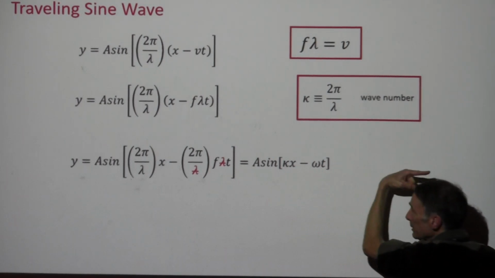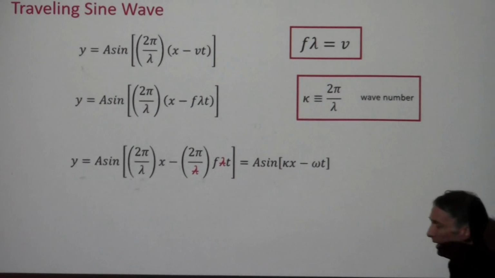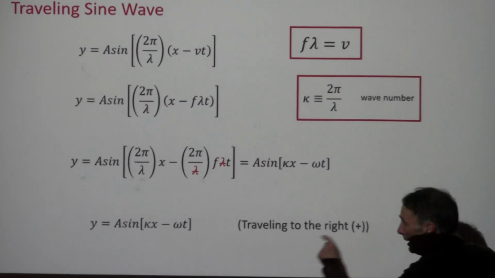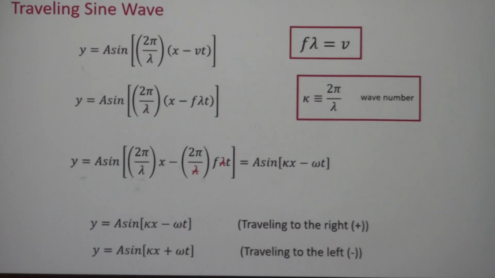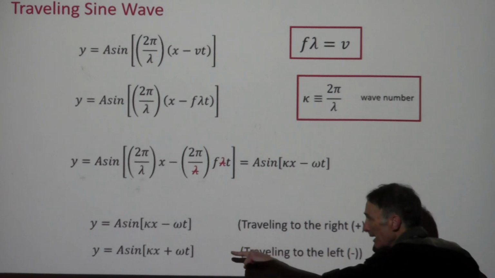It's traveling in the plus direction. You want to look at the sign here. If it's a minus, it's traveling to the right. If you have a plus here, it's going to be traveling to the left, or in the negative direction.